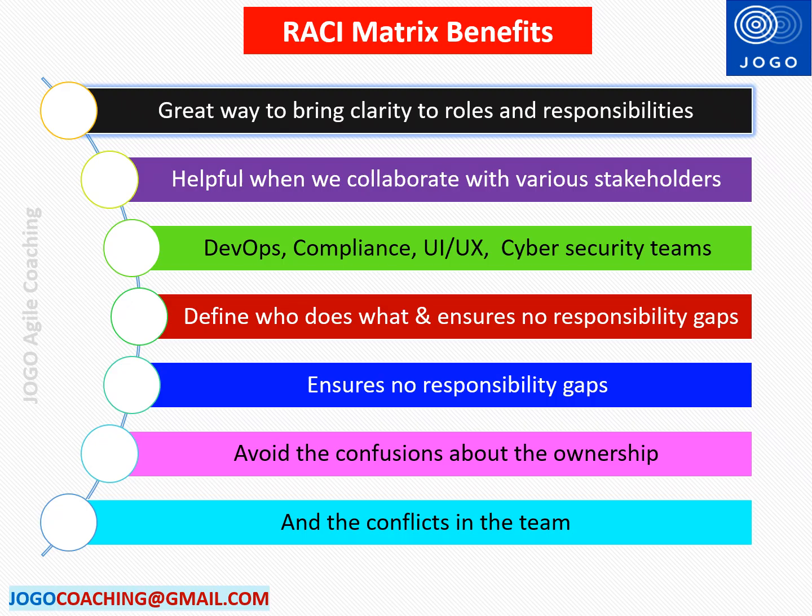Now let's understand the benefits of using RACI Matrix. RACI Matrix used in an Agile project is a great way to bring clarity to roles and responsibilities. This will be very helpful when we collaborate with various stakeholders like DevOps, compliance, UI UX, cyber security teams, etc. RACI Matrix helps to define who does what and ensures no responsibility gaps in the project tasks.